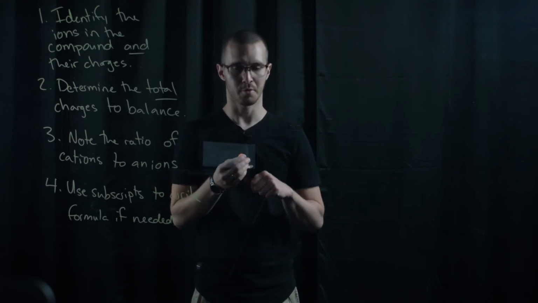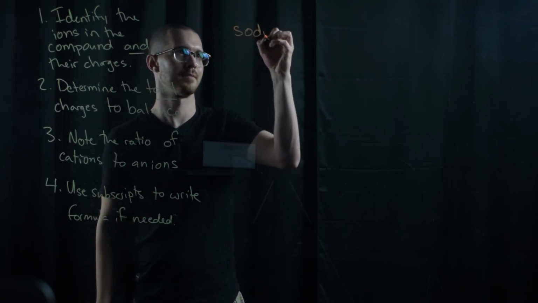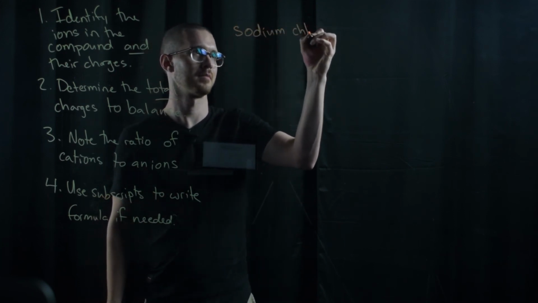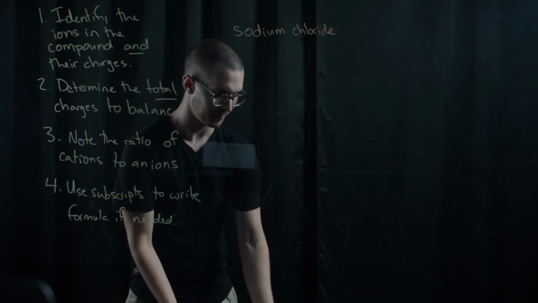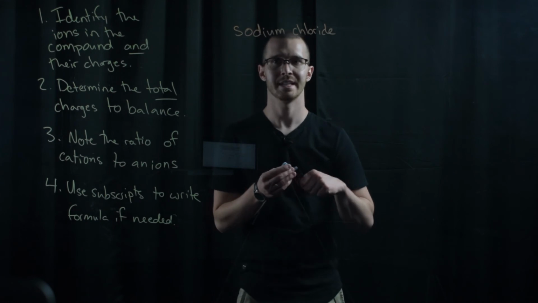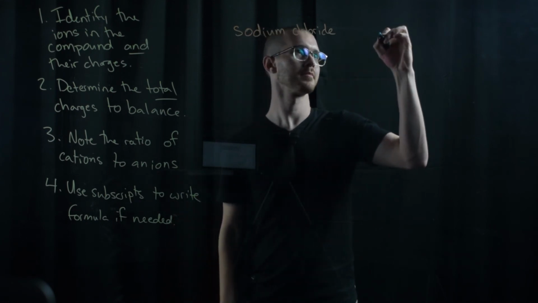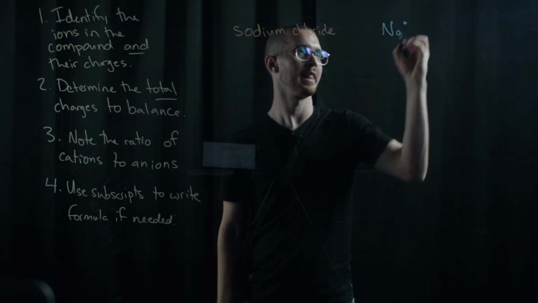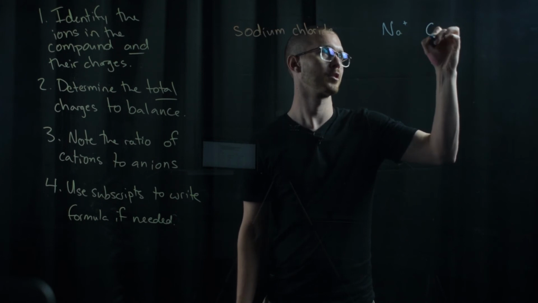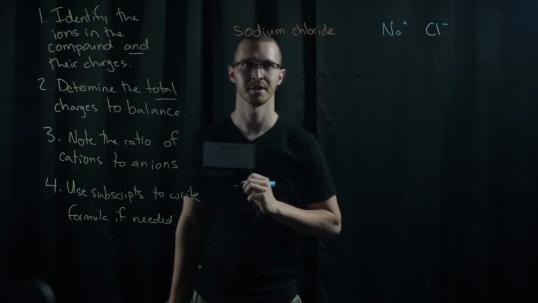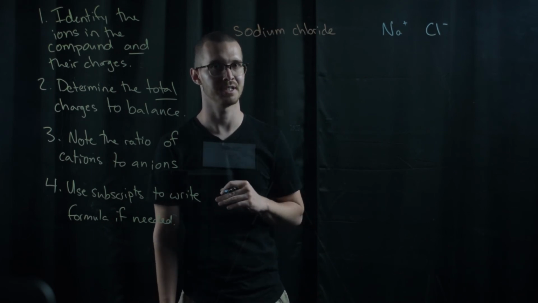So let's again just start with our common friendly example of sodium chloride. Well, first we need to identify the ions in the compound and their charges. So sodium has a charge of 1 plus, and chlorine has a charge of 1 minus. Now, determine the total charges needed to balance.